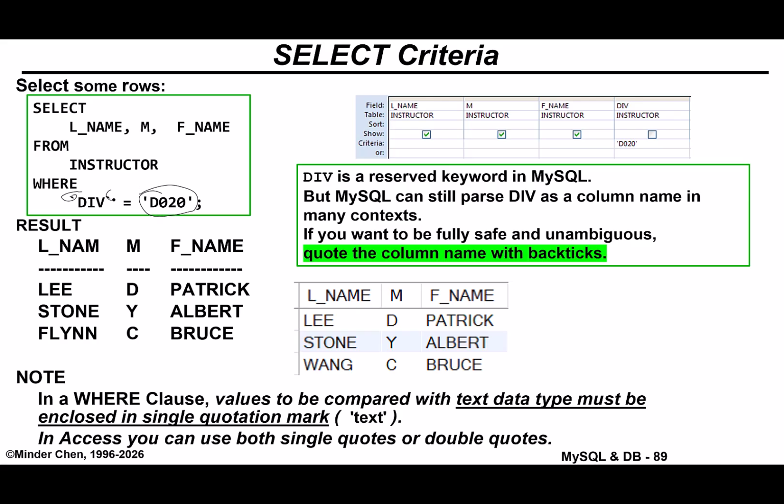Here you're seeing actually a backtick for div. Okay, in MySQL server and MySQL Workbench, for that matter, this is required because div in MySQL server is a reserved keyword, which means you can still use a reserved keyword as a column name or even table name, but whenever you refer to the name, you have to enclose it with backticks.